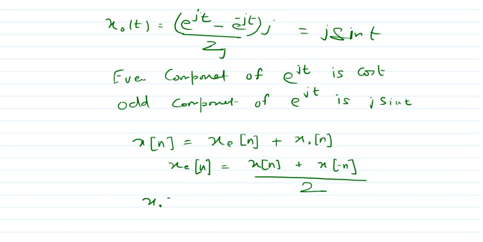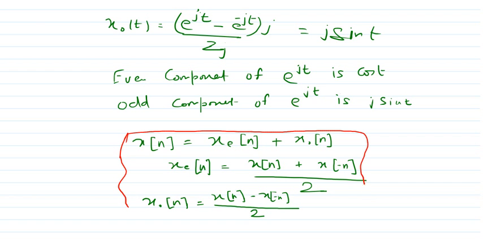Then how to write the odd component? x[n] minus x[-n] divided by 2. So likewise we can find the even and odd components of a discrete time signal also. These are the formulas.